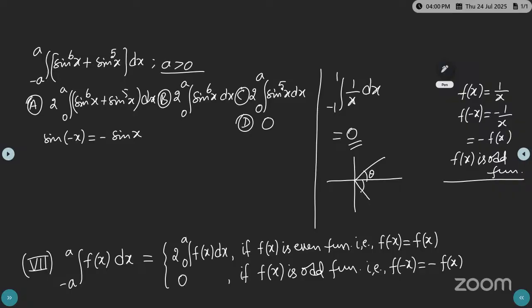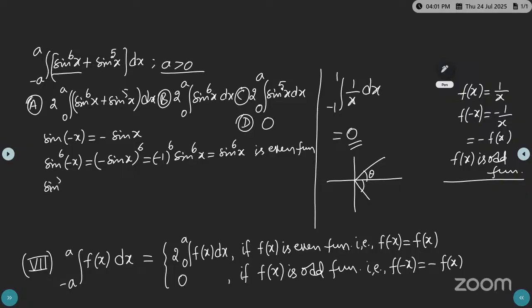Minus theta will be negative. Now what about sin power 6 of minus x? It is minus sin x whole power 6, which is minus 1 power 6 sin power 6x. Sin power 6x is an even function.